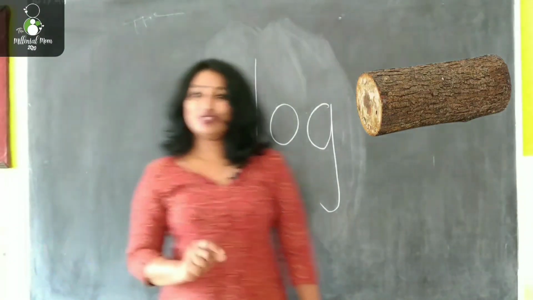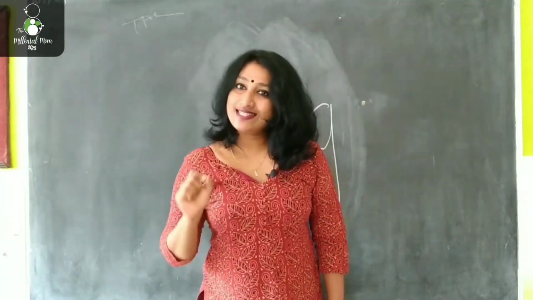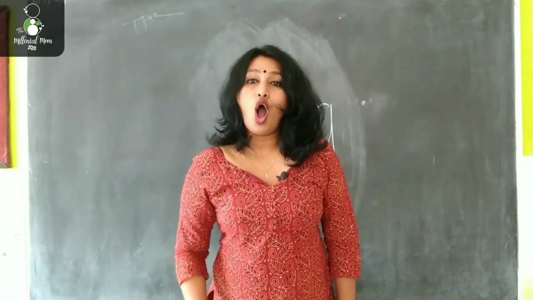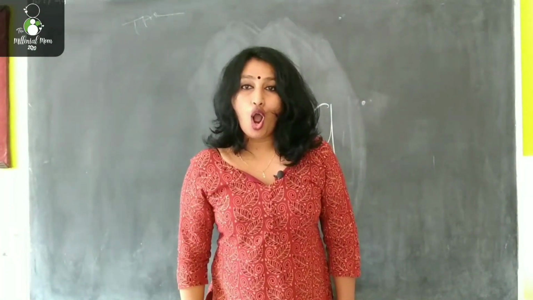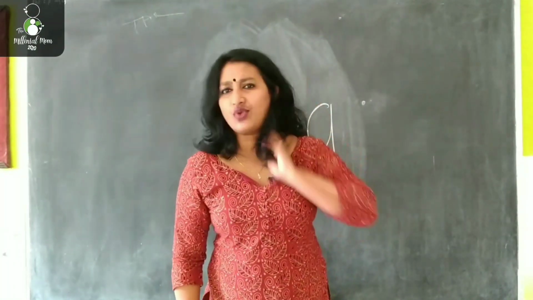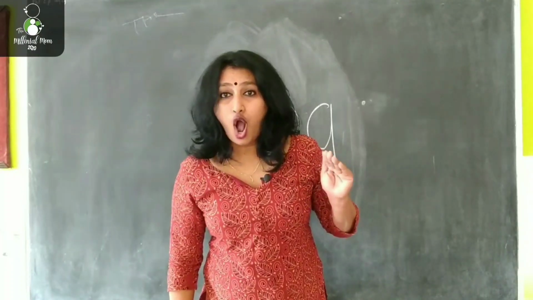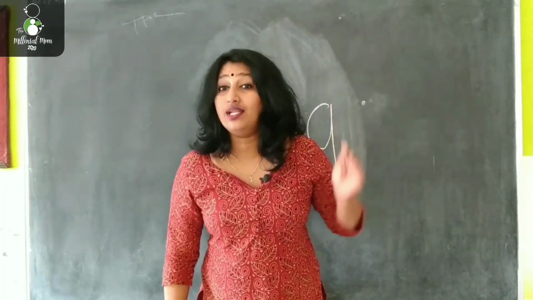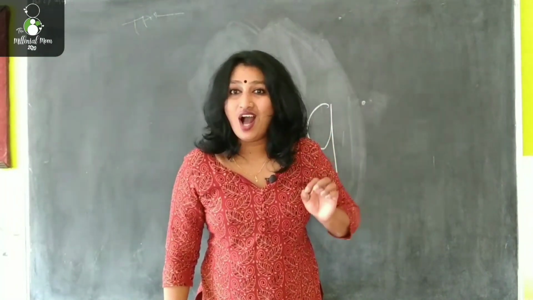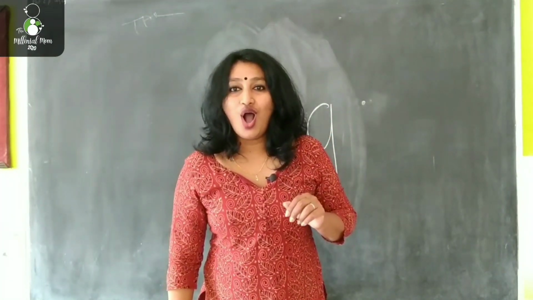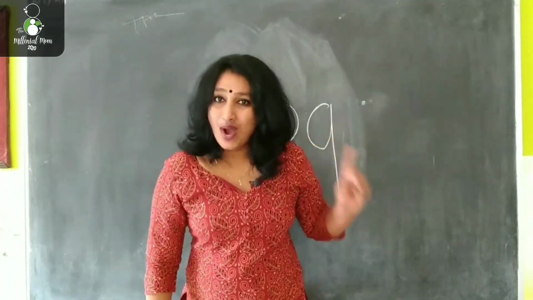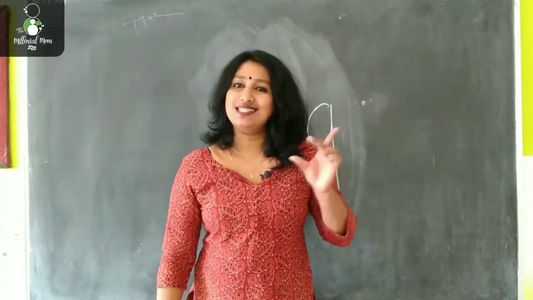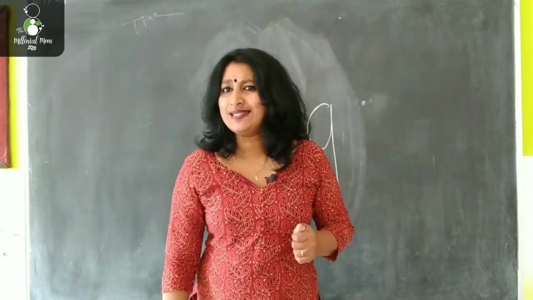So now children, what is the short sound of O? O. Everybody try and say the sound with me. O, not the long sound. What is the short sound? O. And these are the words that we saw with the short sound of O. What are the words?